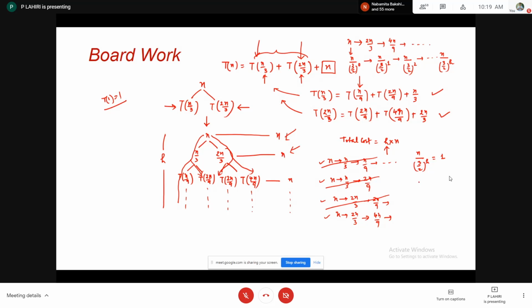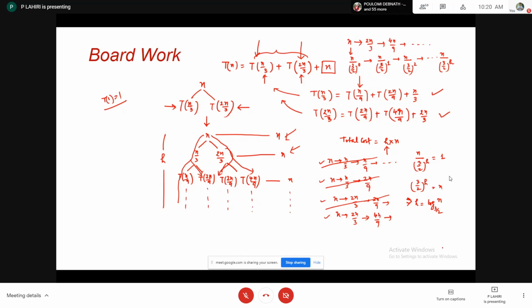Then you can solve it. Just cross multiply. You will have (3/2) to the power h equals n. Is it so? Which implies h equals log of n base 3 by 2. Am I right?